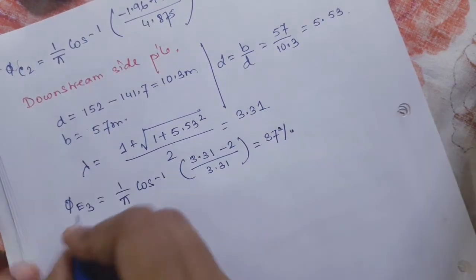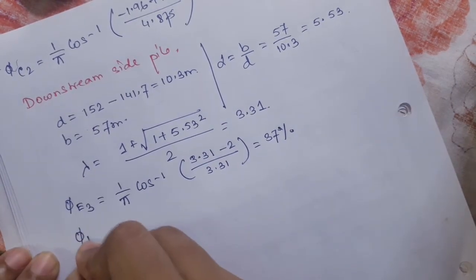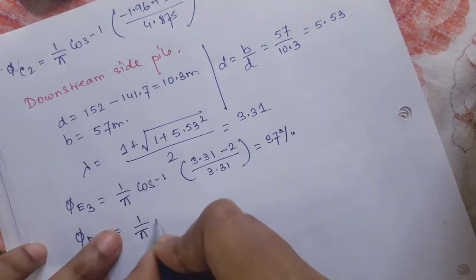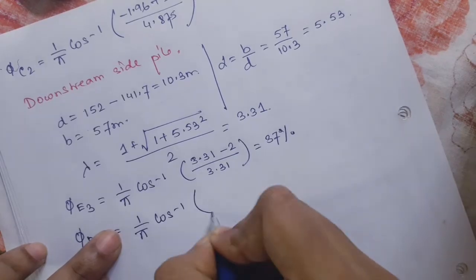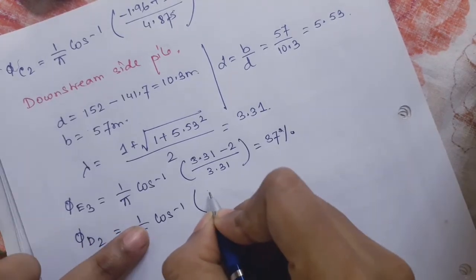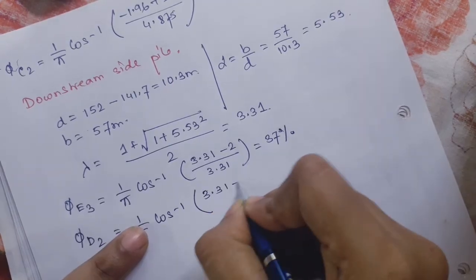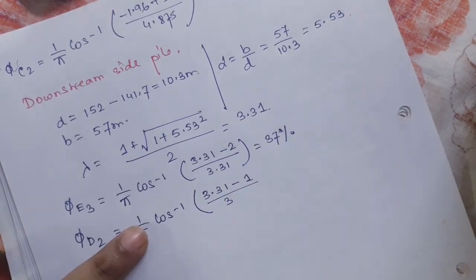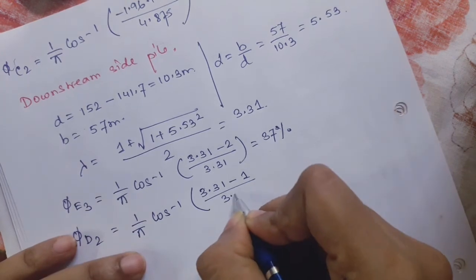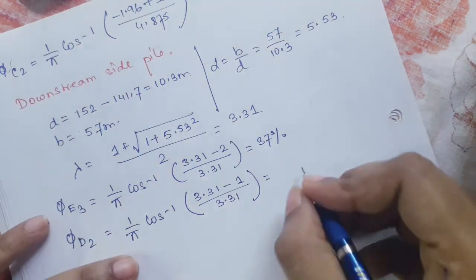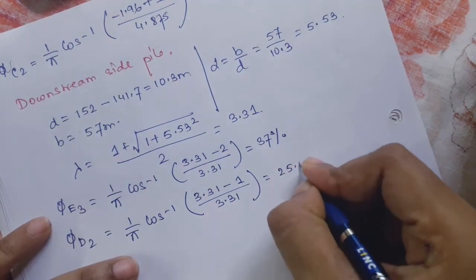Okay, and phi D3 will be 1 by pi cos inverse of lambda minus 1 by lambda. So here lambda is 3.31 minus 1 divided by lambda. So this is giving me 25.4%.